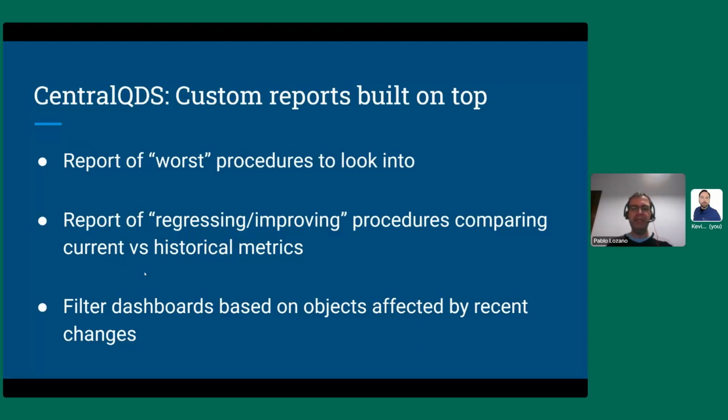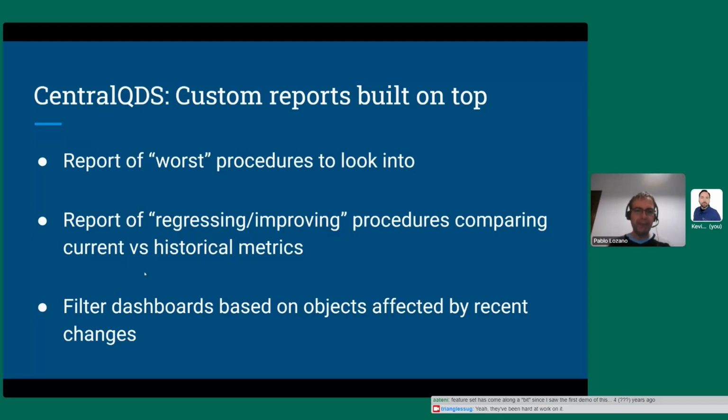If someone has made any change, we can identify what the changes were, or what went south when something happened that we didn't foresee would have any impact, or what is performing much better because we modified something. We, or the DBAs, created an index, and suddenly some other queries are performing way better. So we can find those out without having to go and check all the thousands or millions of different queries that are running. You can just go and see what went wrong, what is going better.